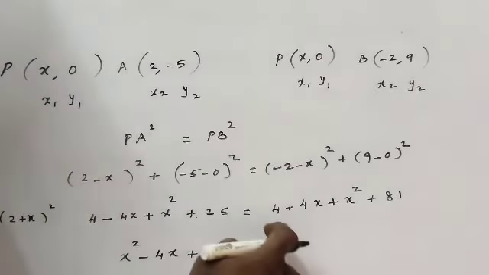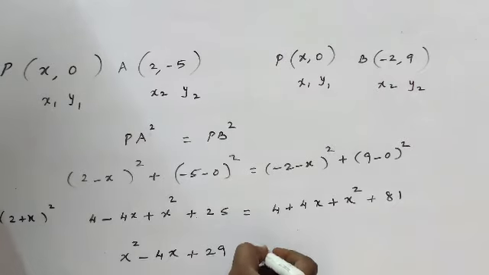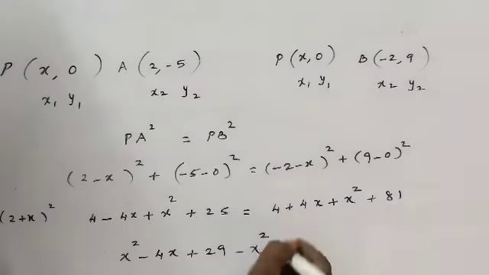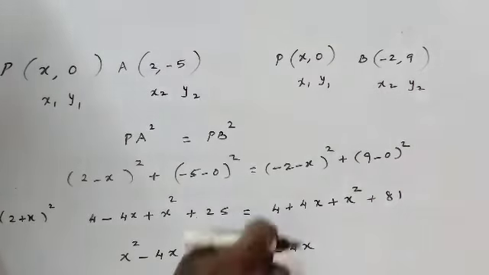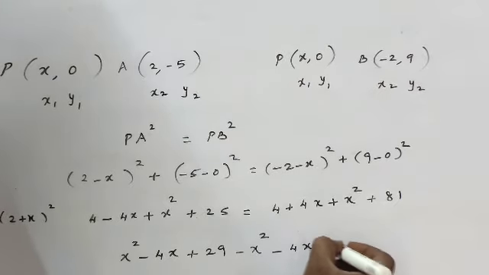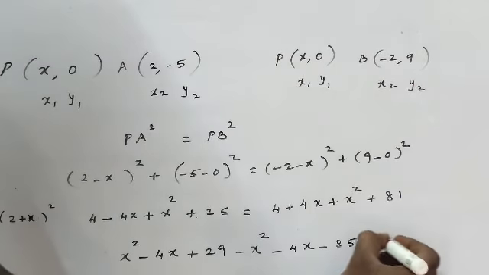Then bring the values into the left side. First write the x square term, then the x term. 4 plus 81, that is 85. It comes to the left side, minus 85 equal to 0.